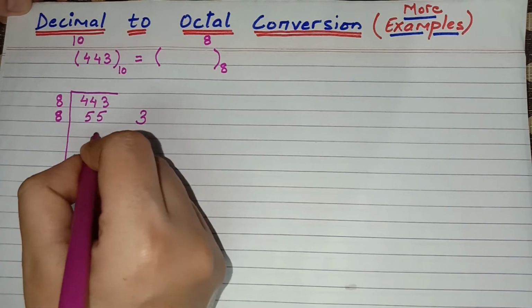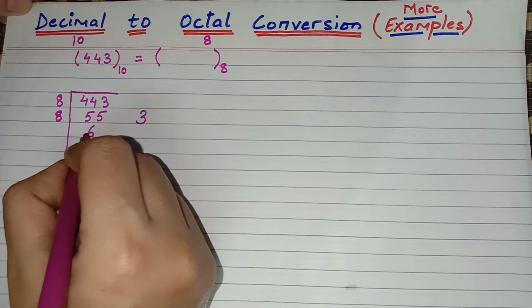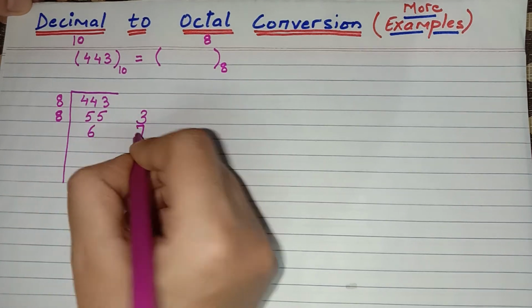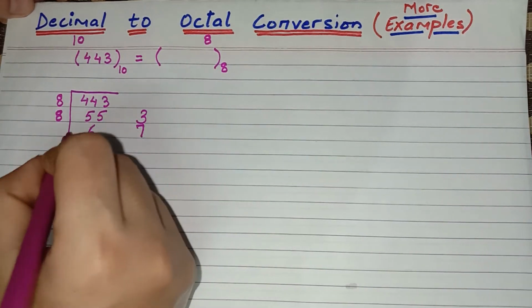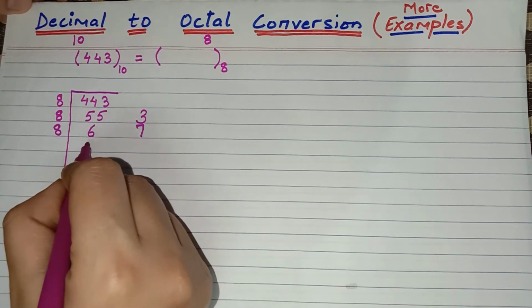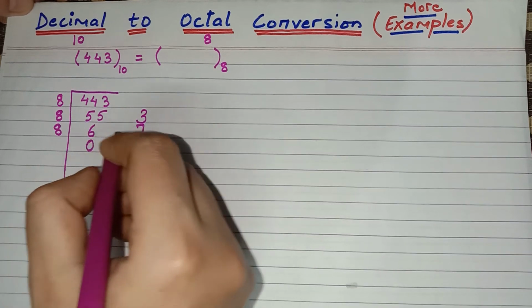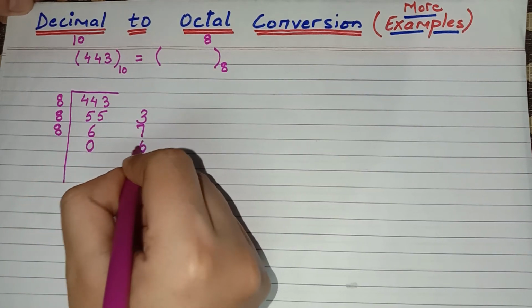We will be getting 6 over here. 8 6s are 48 and the remainder will be 7. Divide this 6 again by 8. We will be getting here 0. 8 zeros are 0 and the remainder is 6.